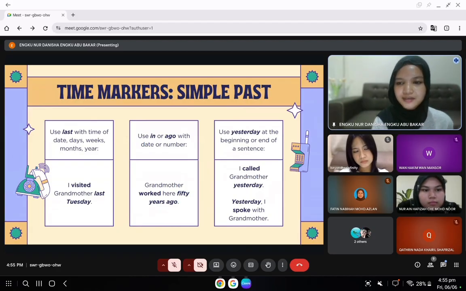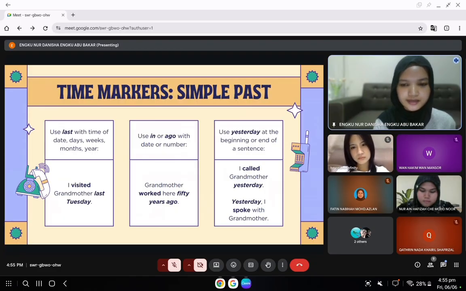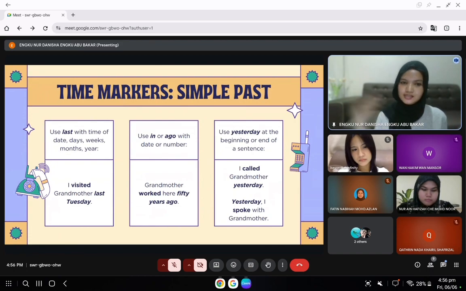So for the time markers for simple past, we use the word last with a time like days, weeks, months, year, like last year or last week or last month. One example is, I visited grandmother last Tuesday. So that is for simple past.